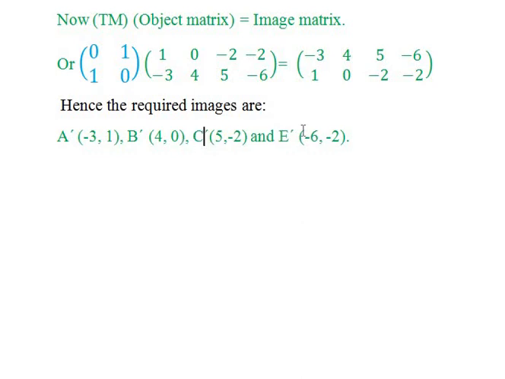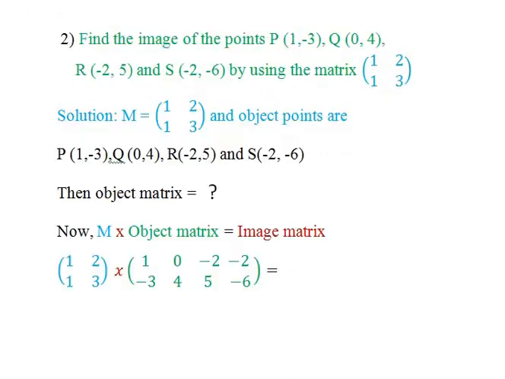C, and this is D. Okay, A, B, C, D, and the corresponding images are A prime (minus 3, 1), B prime (4, 0), C prime (5, minus 2), and D prime is (minus 6, minus 2). This is the final required answer of the image of the given points.